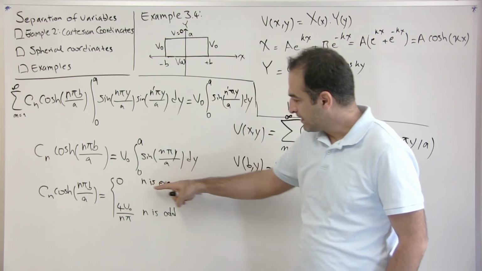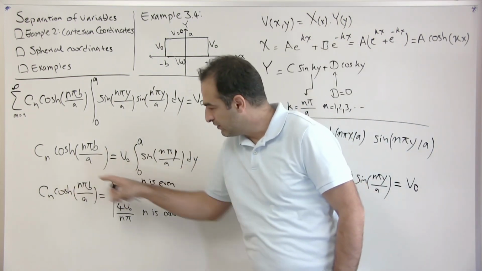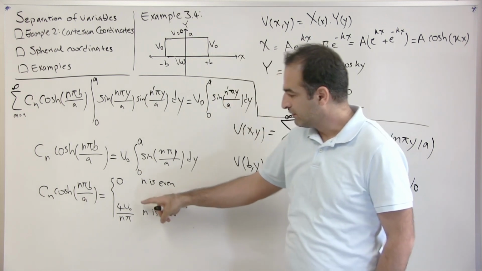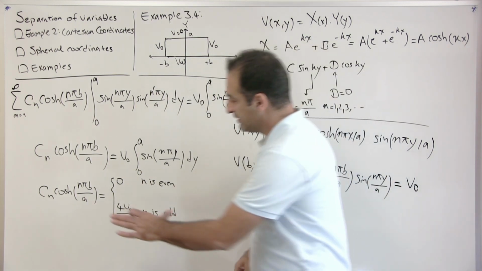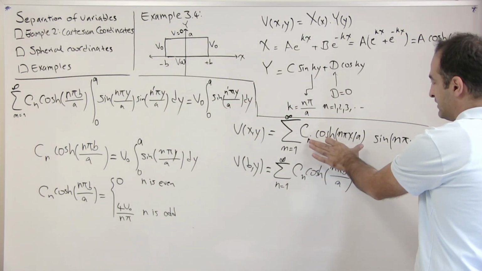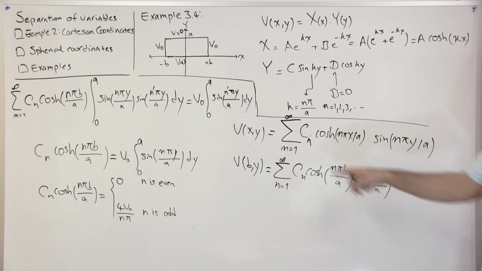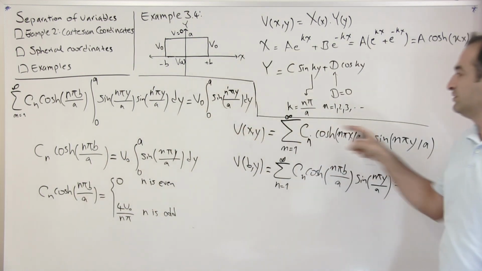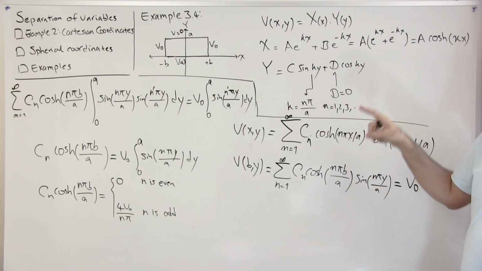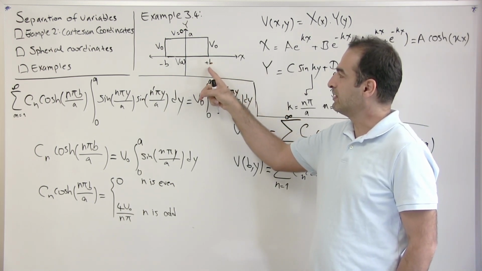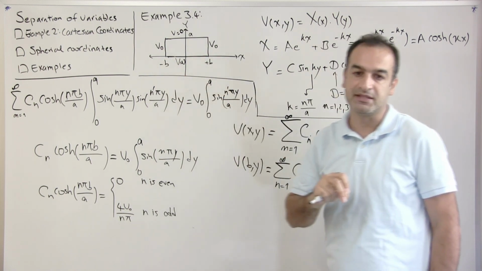Okay, so for values of n being even, the whole thing is 0. For odd values of n, we get this one. And now you can use this combination as a whole in this equation, which was the general solution. And if you use these values of Cn, the solution here is going to meet the boundary condition at x equals plus b and at x equals negative b as well.